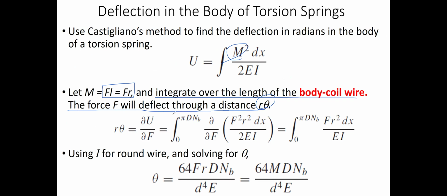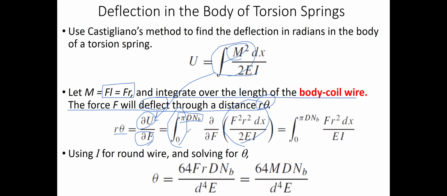So the deflection r theta equals the derivative of the energy with respect to, in this case, the force F, from 0 to pi D times NB. So we can take the derivative of this equation with respect to F, and we get this term, and we just integrate.